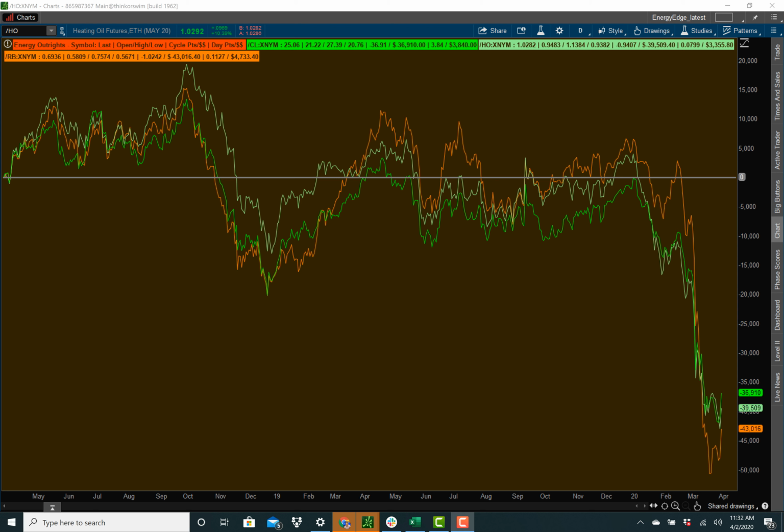Again, these are just 3 energy contracts going back to 2018. But now I want to look at the spreads. And on the spreads that I'm going to show you next, we're just going to look at the same exact thing as we're looking at now. We're going to look at RBOB, we're going to look at oil, and we're going to look at heating oil.